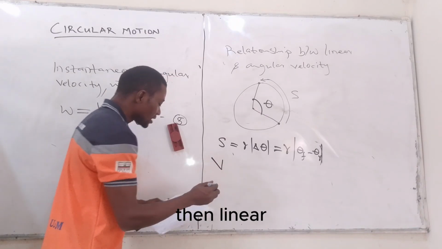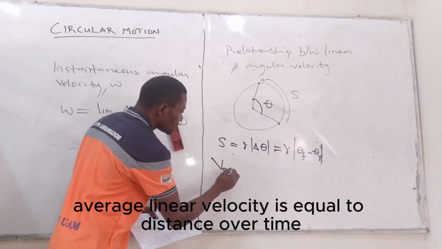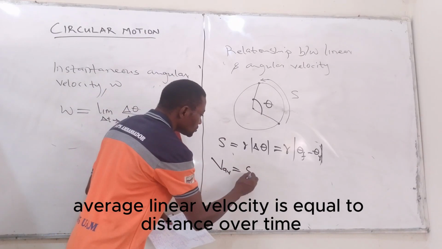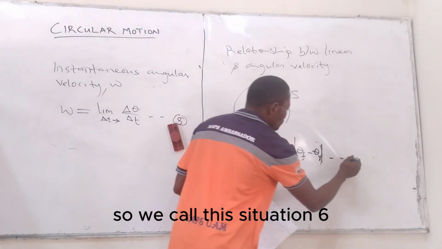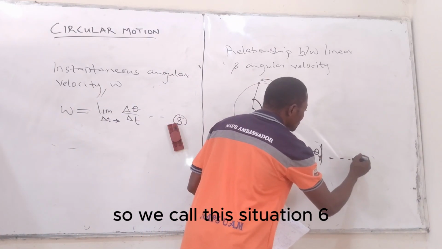Then average linear velocity is equal to distance over time. We call this equation 6.